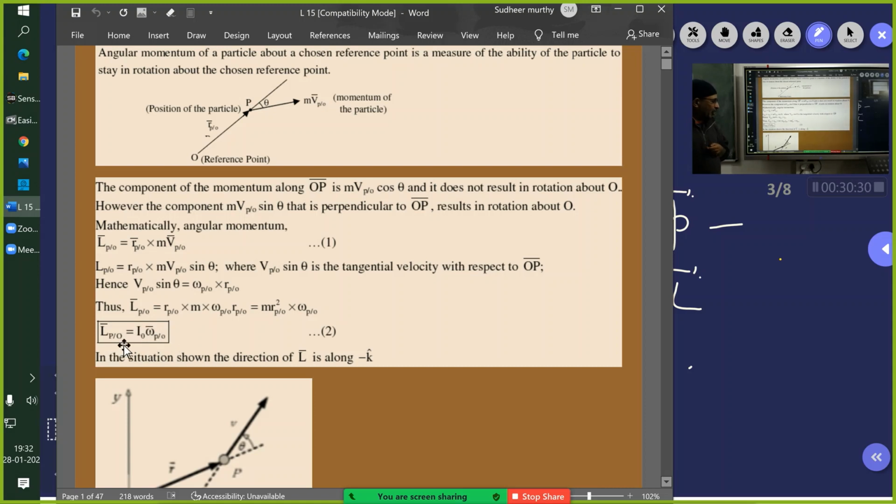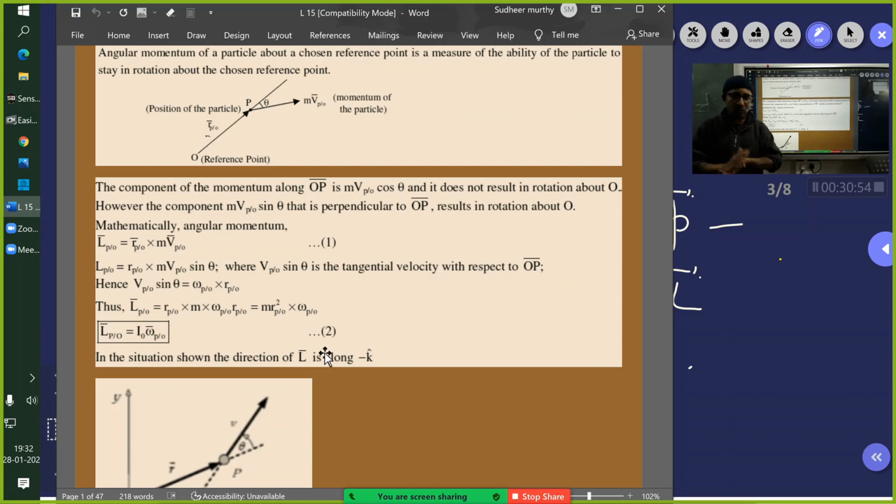So L bar P with respect to O is equal to I O times omega of the particle P with respect to O. I O stands for the moment of inertia about the point O. You can very well see that if we change O, then these quantities will also change.